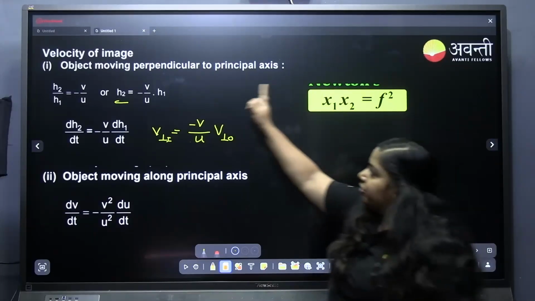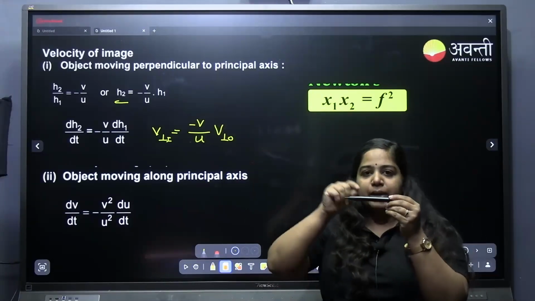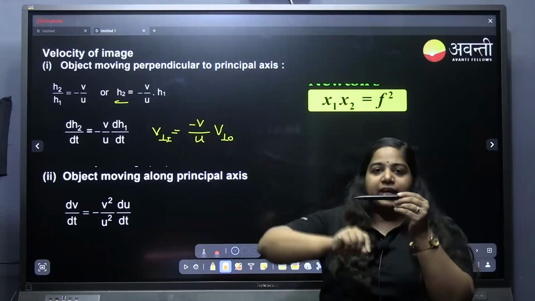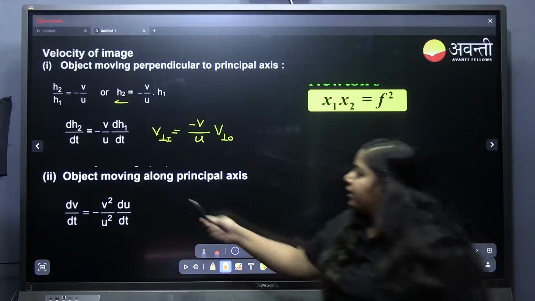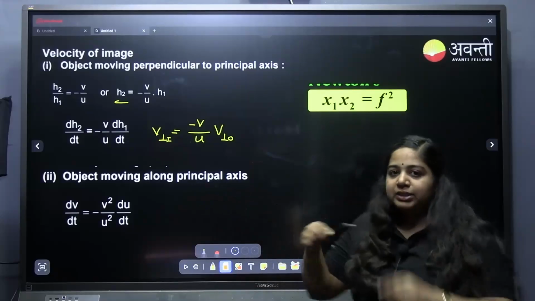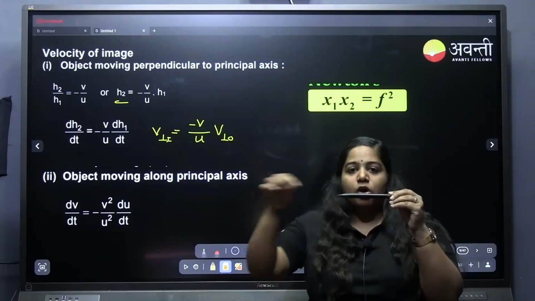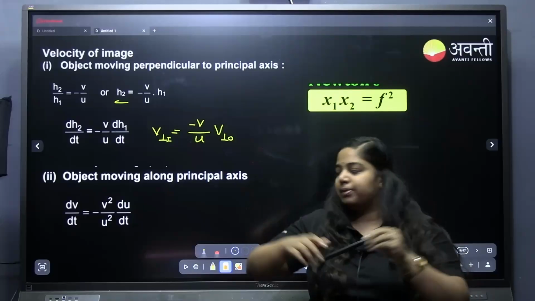This is the relation, if the object is moving in the vertical direction with respect to the principal axis. Next is the object moving along the principal axis.